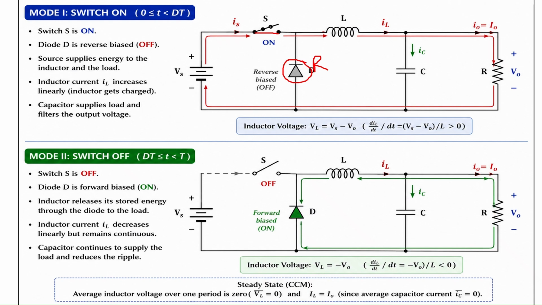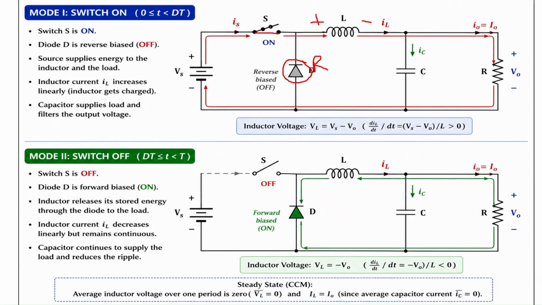Now the voltage across the inductor, if we consider VL as the voltage across the inductor, will be Vs minus V0. Since Vs is greater than V0, the inductor voltage will be positive.